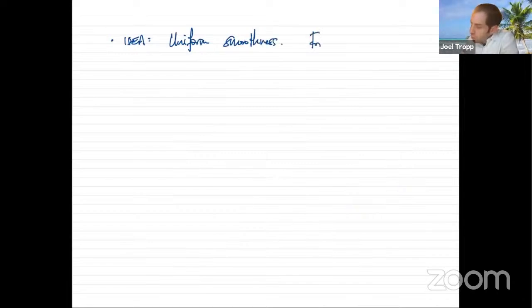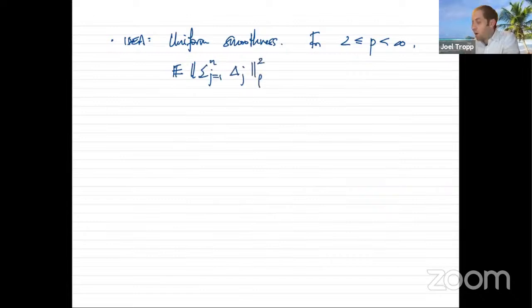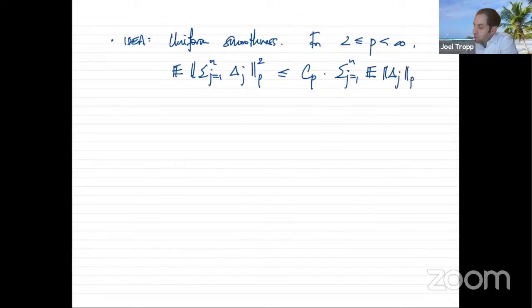So for a power p between 2 and infinity, uniform smoothness tells us that the expectation of the squared Lp norm of a matrix Martingale sequence is bounded by a constant Cp times the sum from j equals 1 to n of the expectation of the squared Lp norms of the increments of the Martingale sequence.